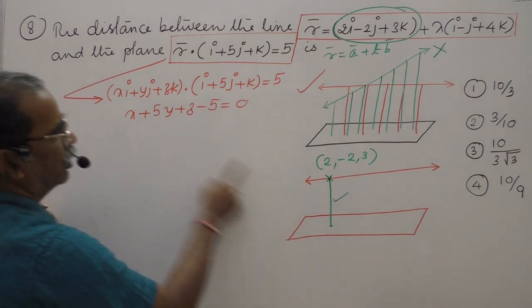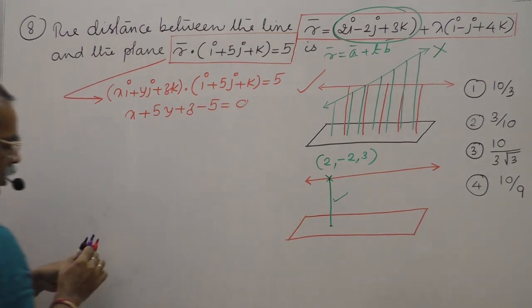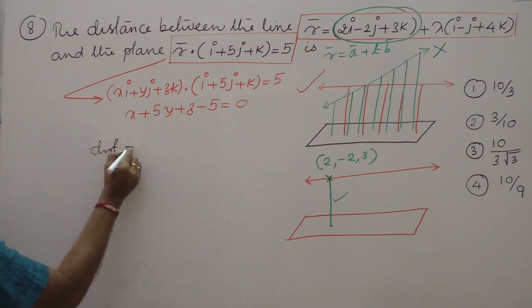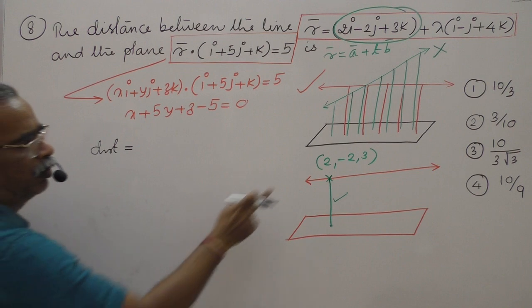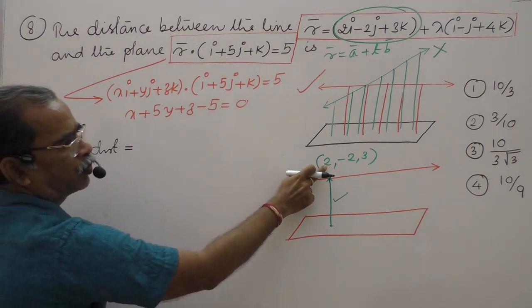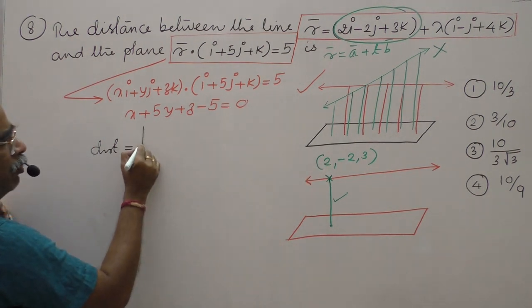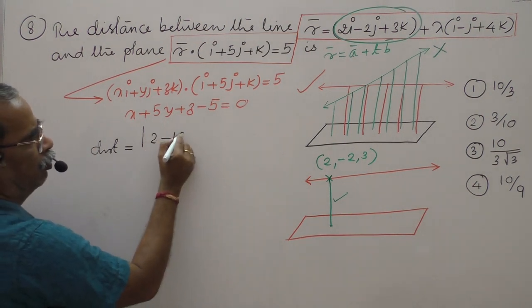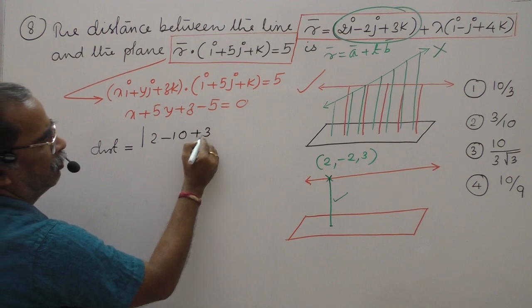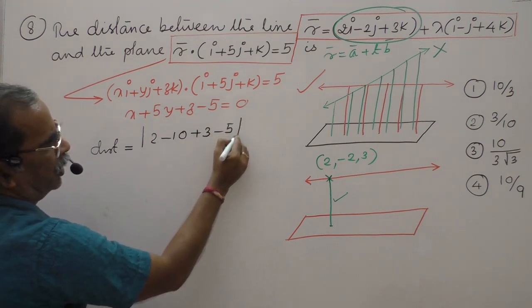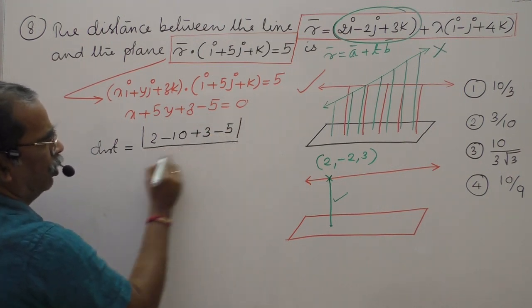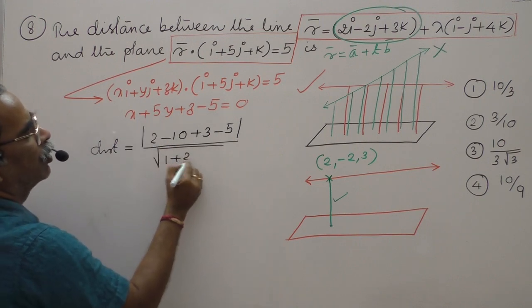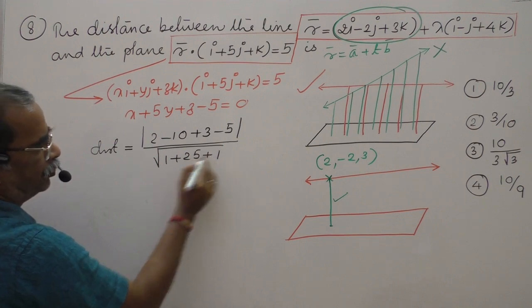So the plane equation has come, the point is there, therefore the required distance, the distance between line and plane, is nothing but the distance from this point to the plane. That can be found simply using mod of ax1 plus by1 plus cz1 plus d, that means write the point in the plane, divided by root over a square plus b square plus c square.